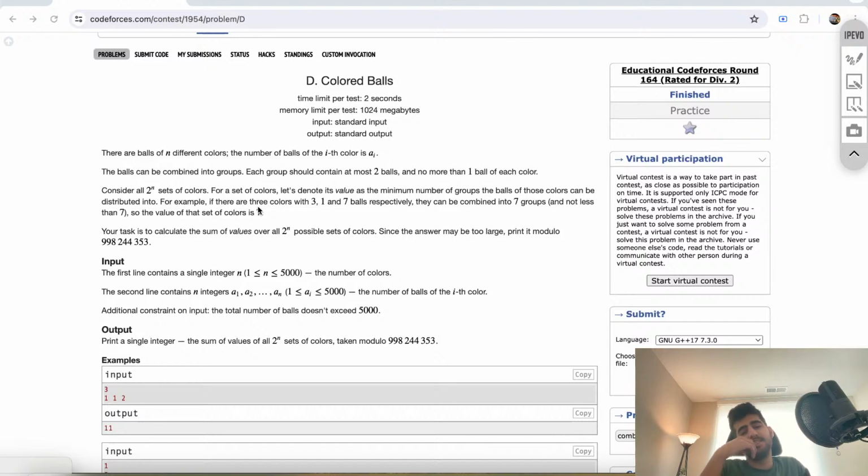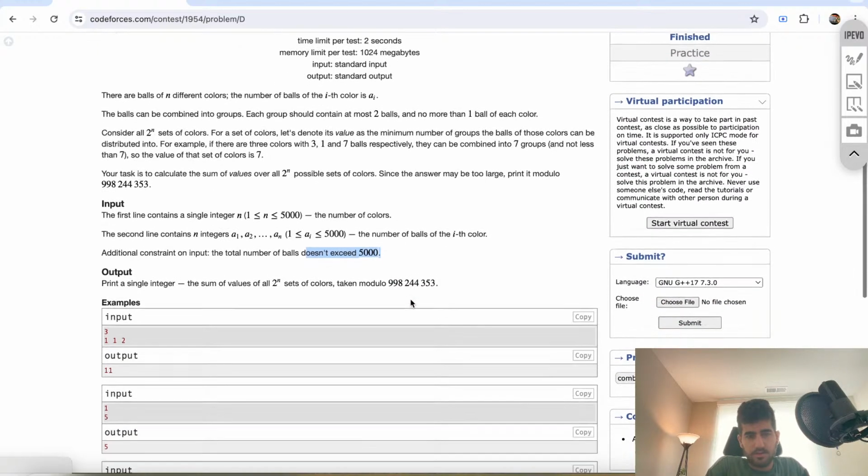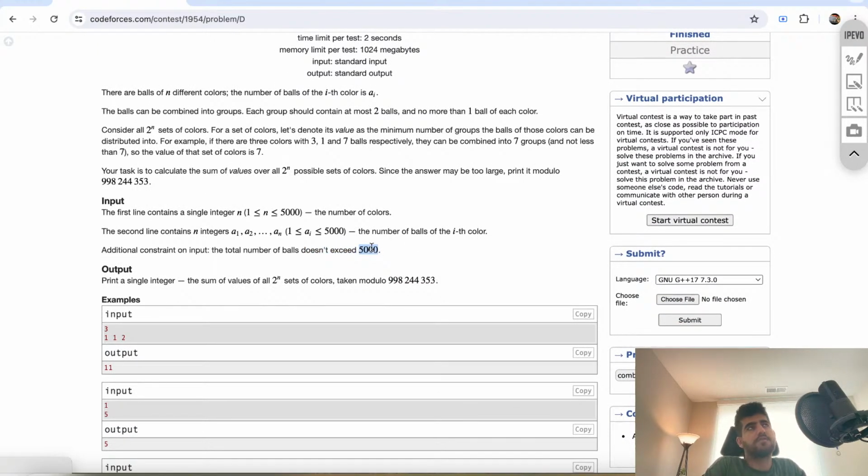So this is when it gets more interesting. And in here, n is up to 5,000 and ai's are up to 5,000. The total number of balls does not exceed 5,000. So we have at most 5,000 balls.